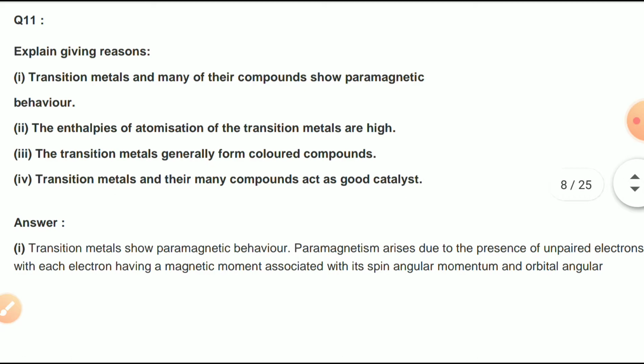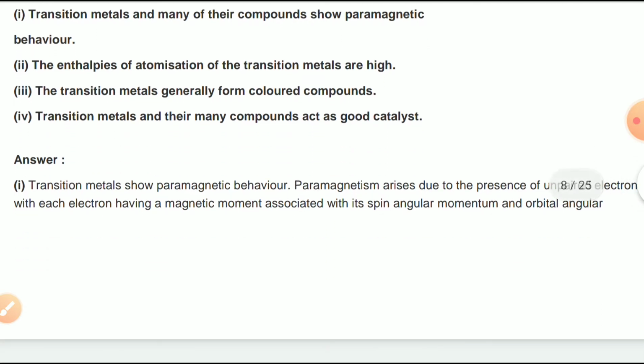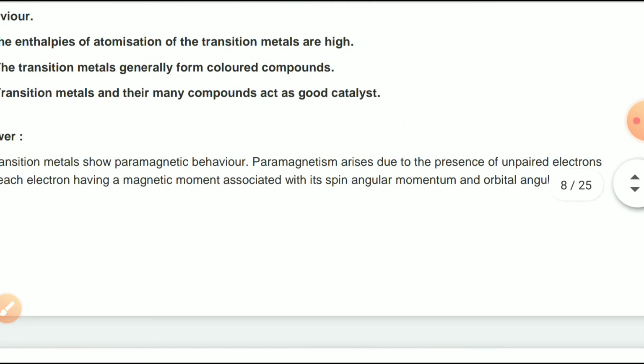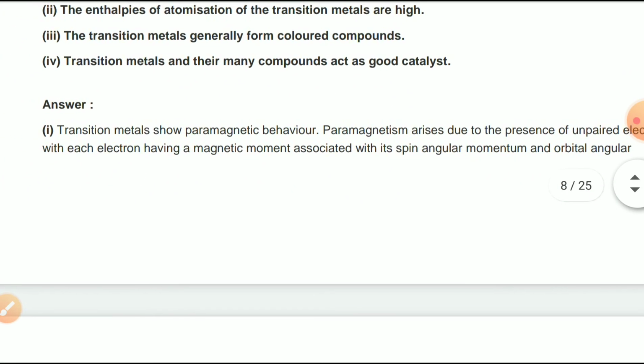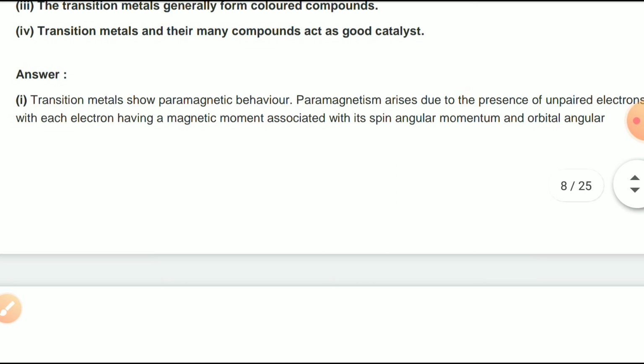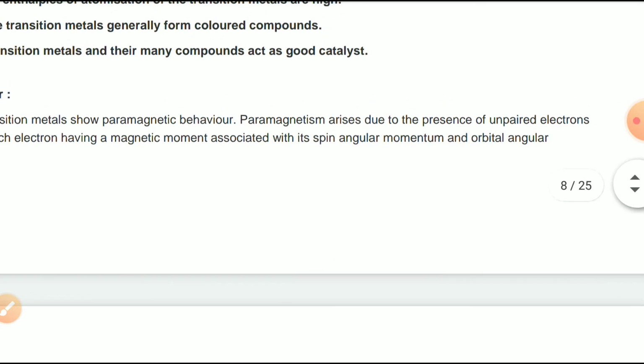Explain giving reason. Point number 1. Transition metals and many of their compounds show paramagnetic behavior. Then the answer is transition metals show paramagnetic behavior. Paramagnetism arises due to presence of unpaired electrons, with each electron having a magnetic moment associated with its spin angular momentum and orbital angular momentum.